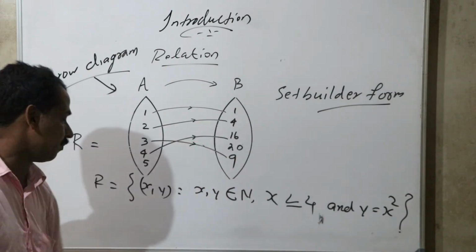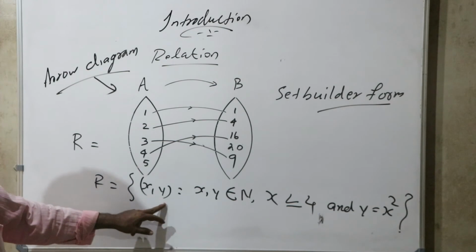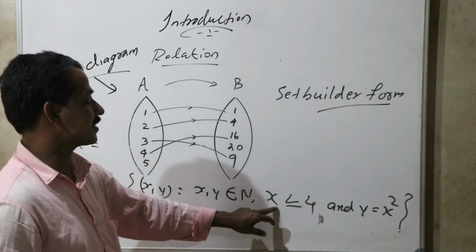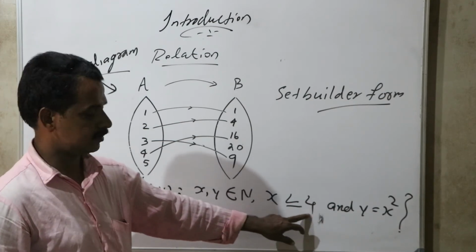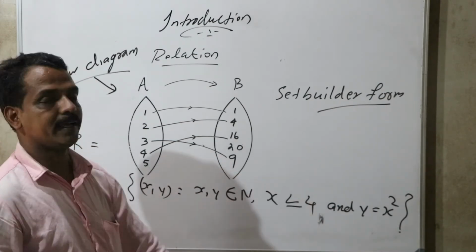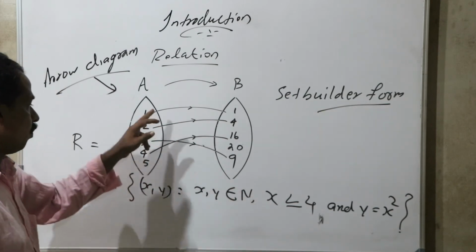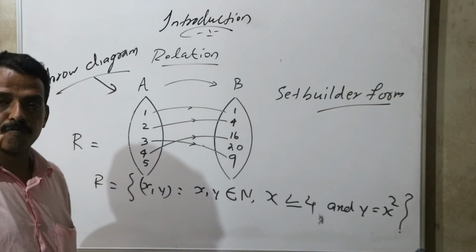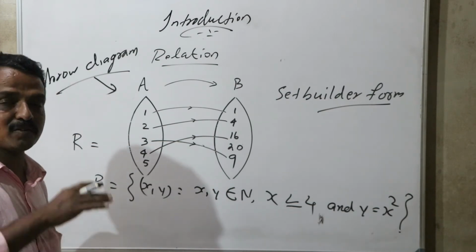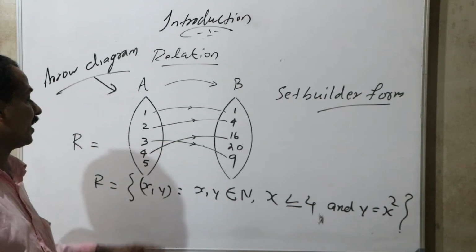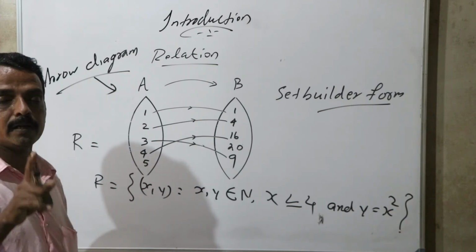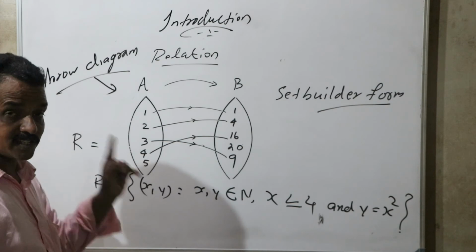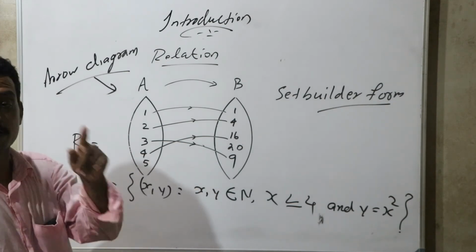Set builder form: R is equal to {(x, y) such that x, y are elements of N and x less than or equal to 4 and y is equal to x square}. 1, 2, 3, 4. Natural numbers start from 1 and go on, but here there is a limitation: only up to 4 are the x elements.